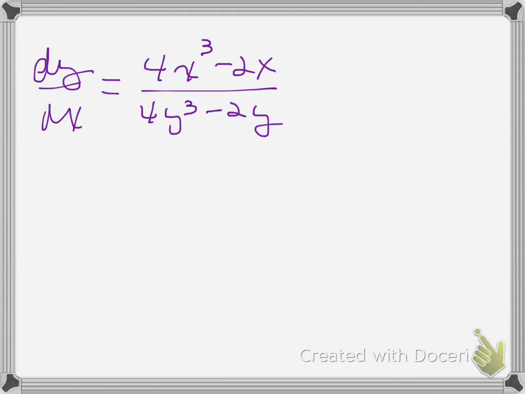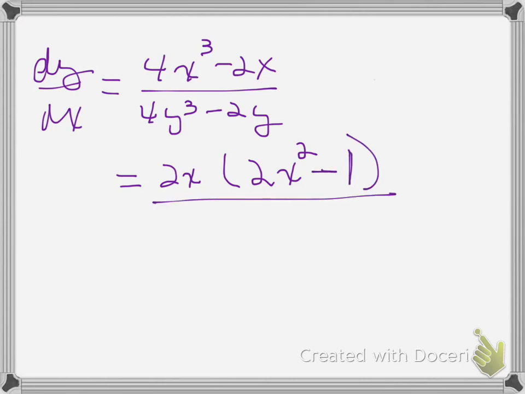Alright, so in the numerator, let's factor out a 2x and I'm going to get back 2x squared minus 1. All over, in the denominator, I can also factor out a 2y this time, and I get back 2y squared minus 1.